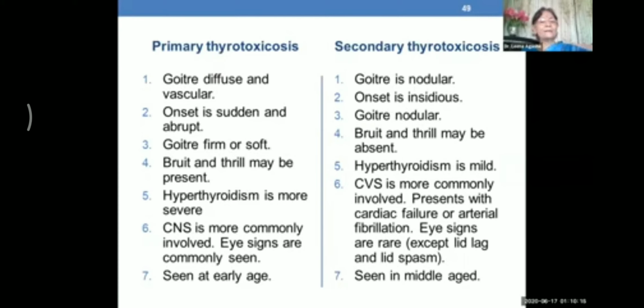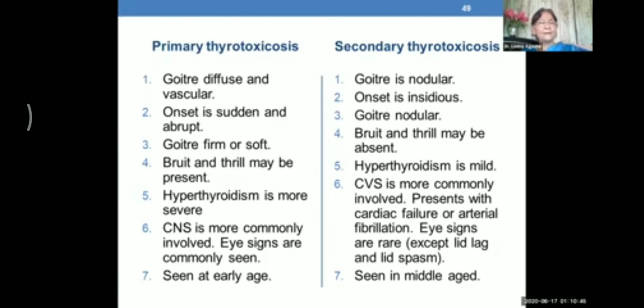In primary, goiter is firm or soft. In secondary, it is nodular. In primary, bruit and thrill may be present. In secondary, they may be absent. In primary, hyperthyroidism is more severe. In secondary, hyperthyroidism is mild.